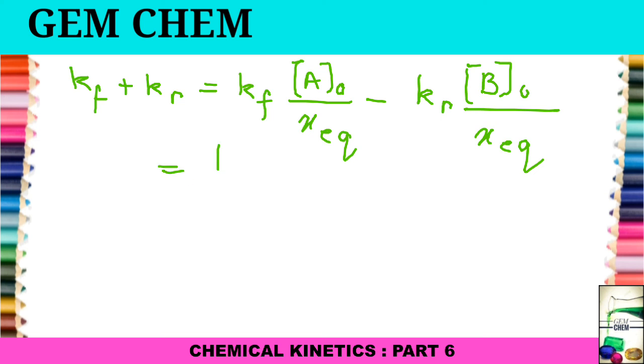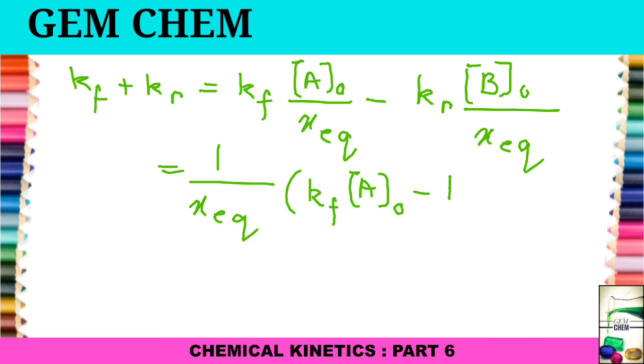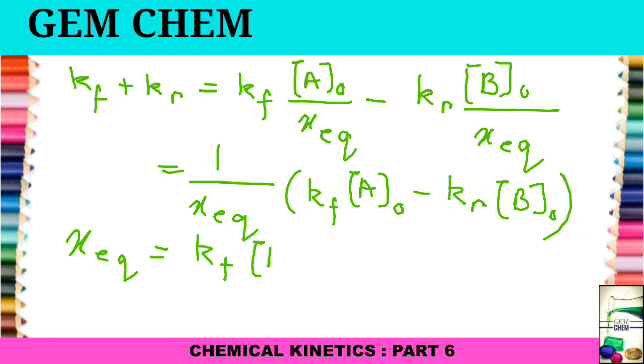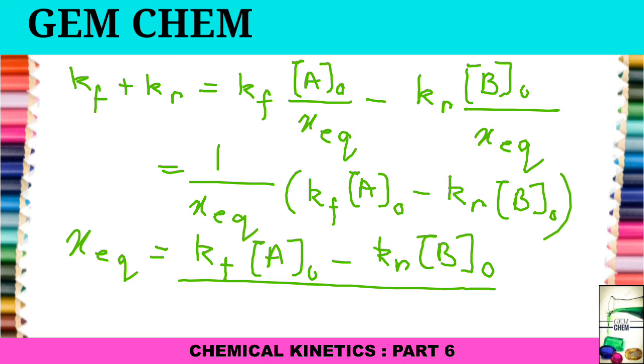And this is ultimately 1 by X equilibrium times Kf A naught minus Kr B naught. X equilibrium from here comes to be Kf A naught minus Kr B naught by Kf plus Kr.